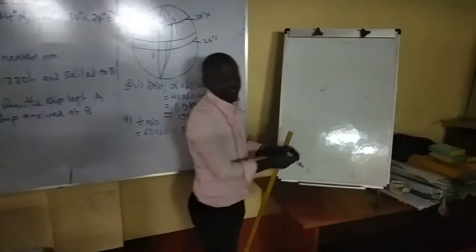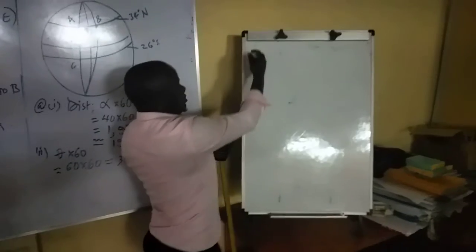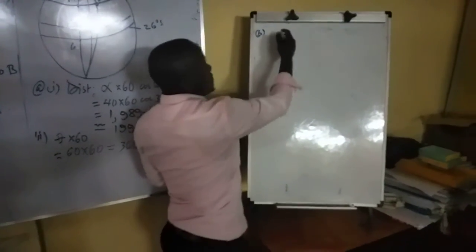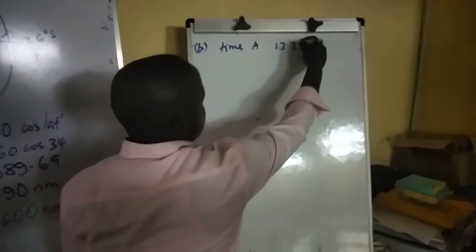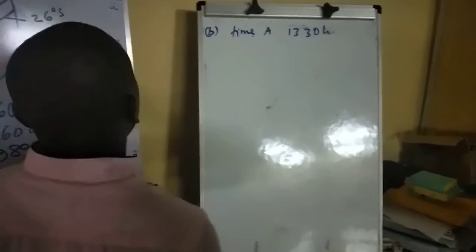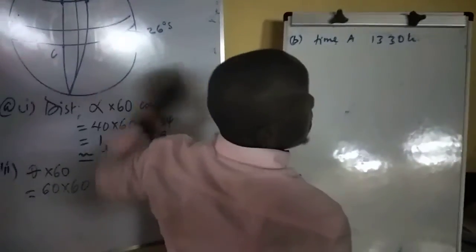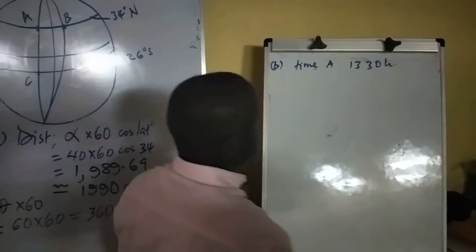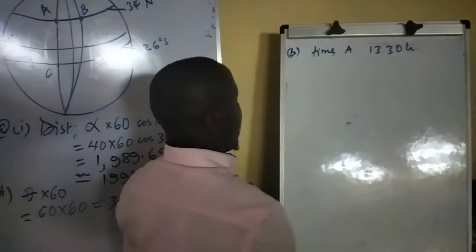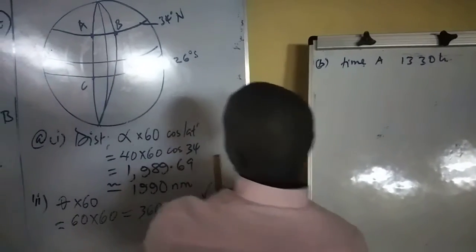I'm going to solve it on this side. Part B: we have the time at A, 13:30 hours. B is in the east of A. Therefore, time in B is ahead, and we can get the difference in longitude.